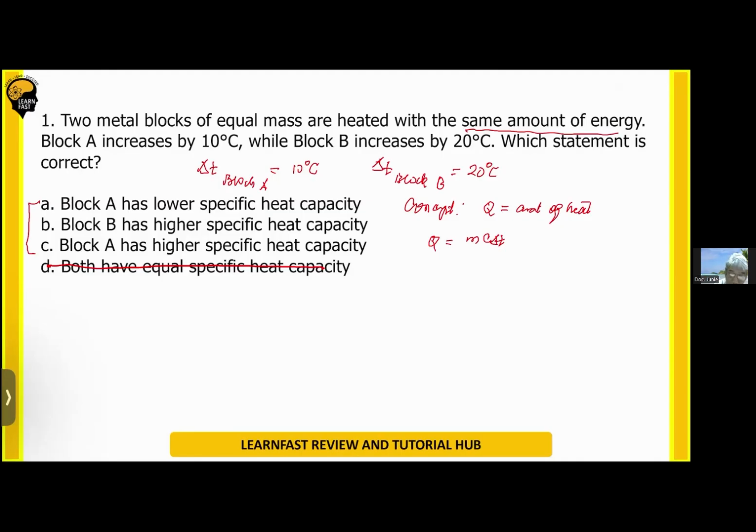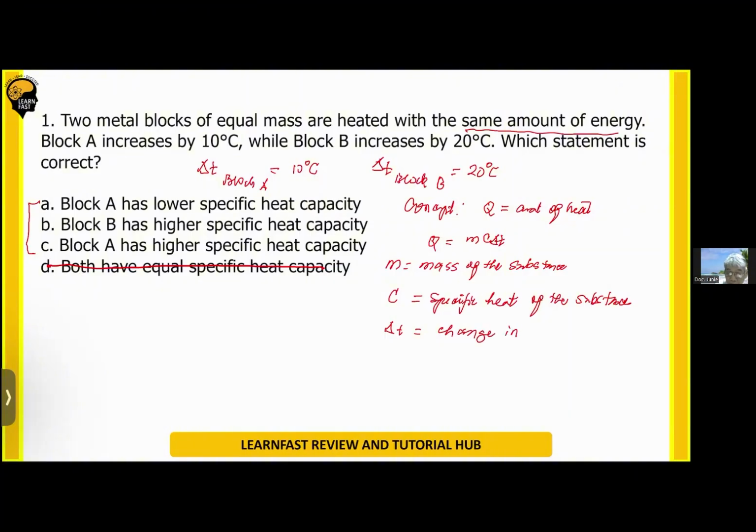The M is the mass of the substance, and C is the specific heat of the substance. And delta T is the change in the temperature of that particular substance.